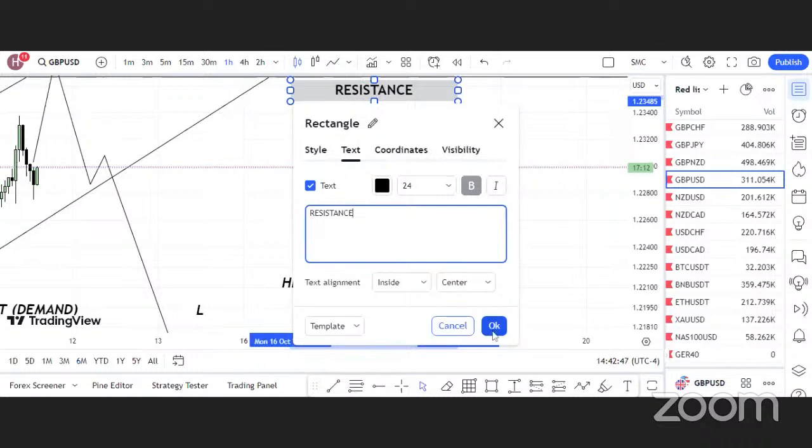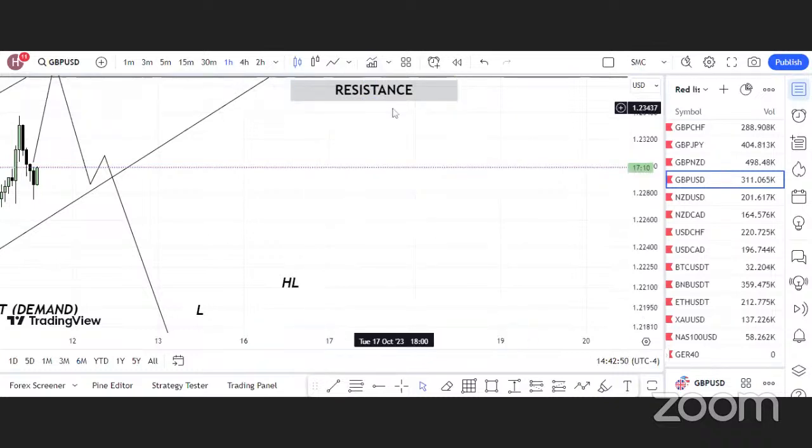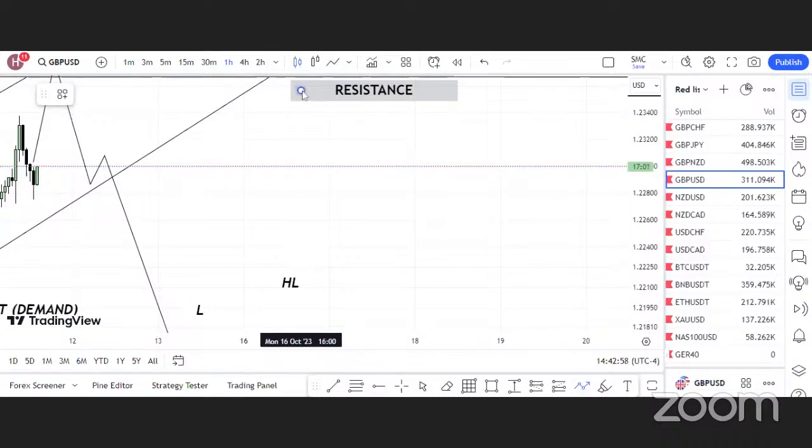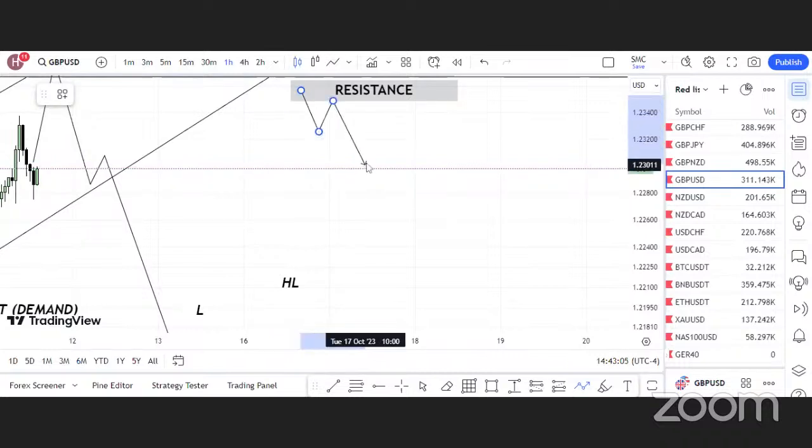Let's say we have a resistance around here, and the market is doing something like this after touching the resistance, coming down.